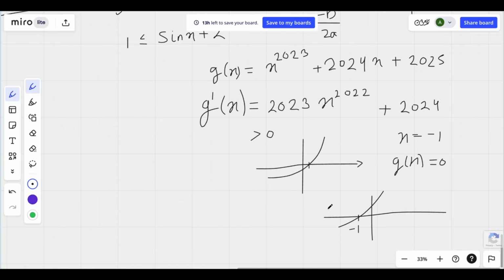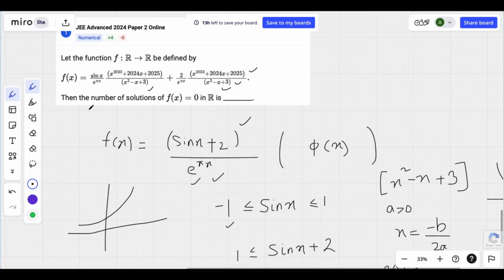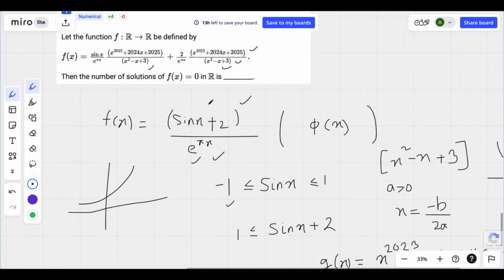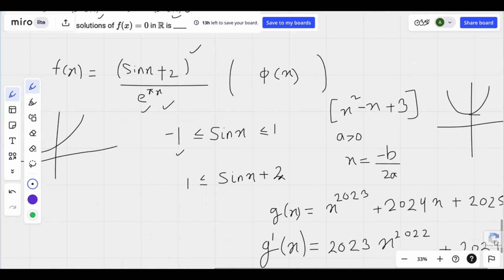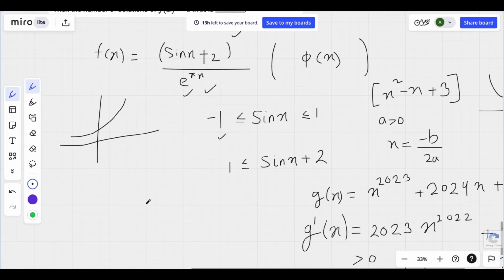Thus, the question was asking for the number of solutions of f(x) equals 0 from R to R. We have found that only one solution is possible, because the rest are a positive constant, which we can call c, times g(x) equals 0.